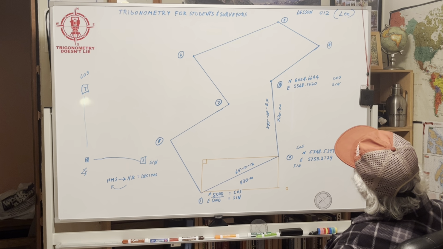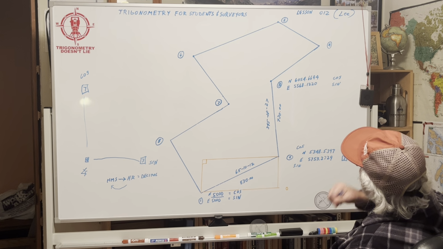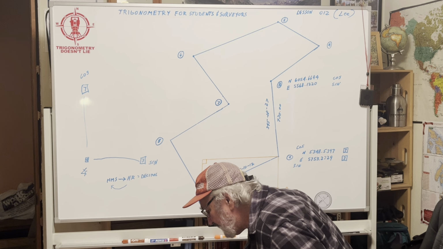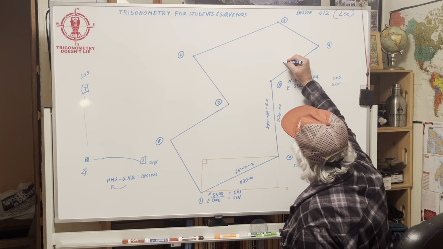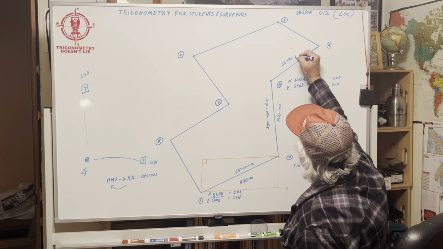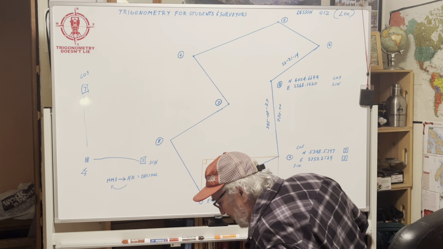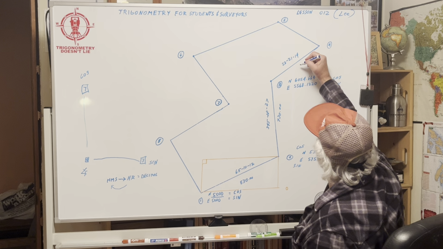Now let's go ahead and do the next one. We'll go and do 4. And 4 is 52, 21, 14. And the distance is 570. Okay, 570.